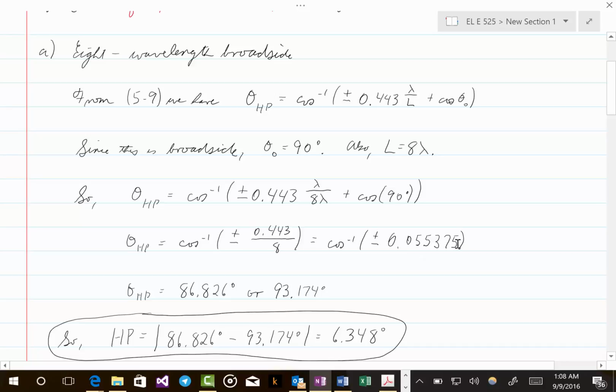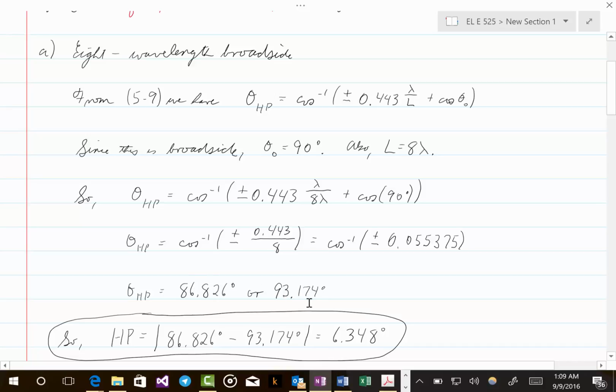And so this becomes the inverse cosine of plus or minus 0.055375. Now, when we take the upper sign, the plus sign here, the inverse cosine of plus 0.055375 is 86.826 degrees. And when we take the lower sign, the negative sign, the inverse cosine of negative 0.055375 is 93.174 degrees.